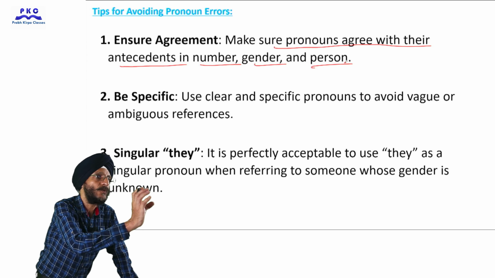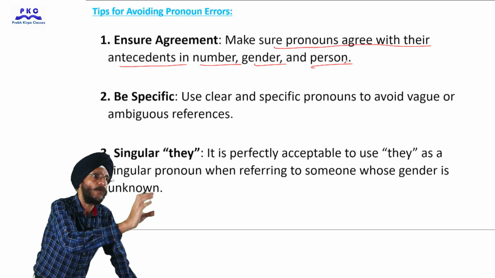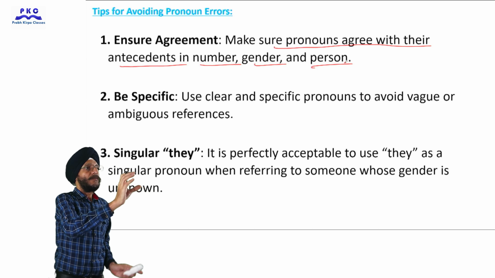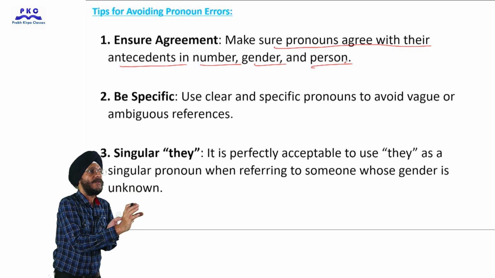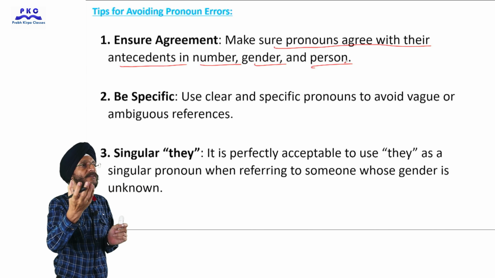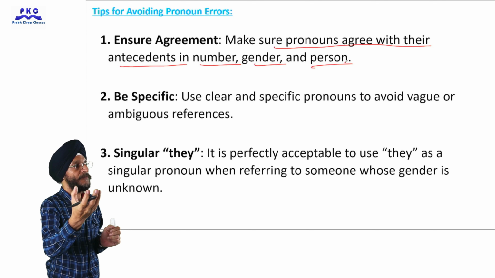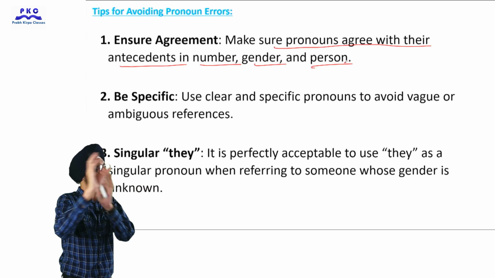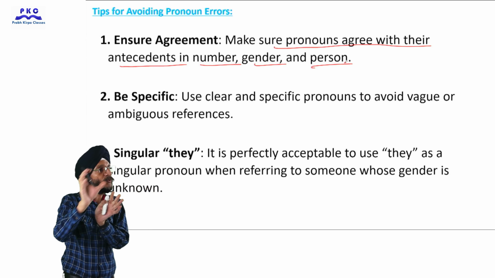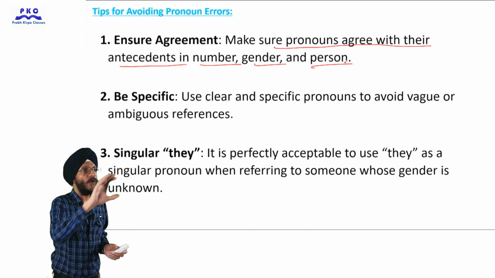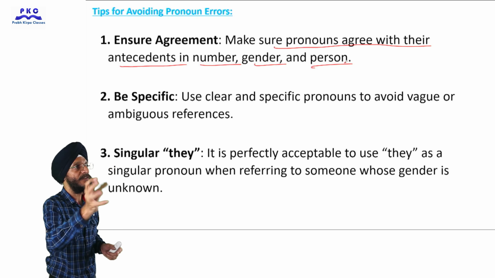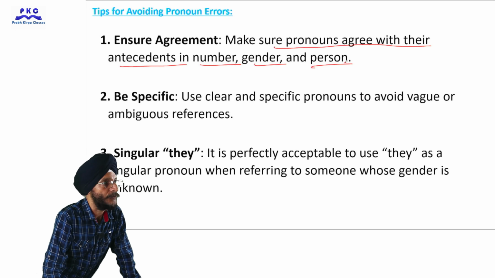If the noun is singular, the pronoun should be singular. If the noun is plural, the pronoun should be plural. If the noun is male, we can use he. If the noun is female, we can use she, according to the gender. And again, according to first person, second person, or third person, we are to see the pronouns.